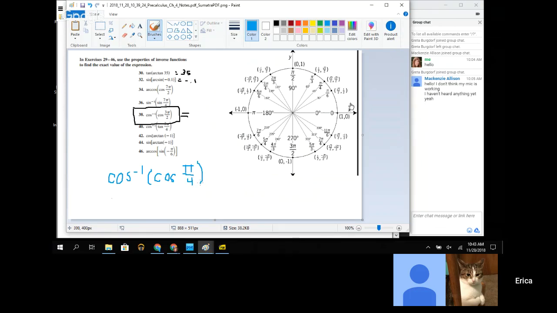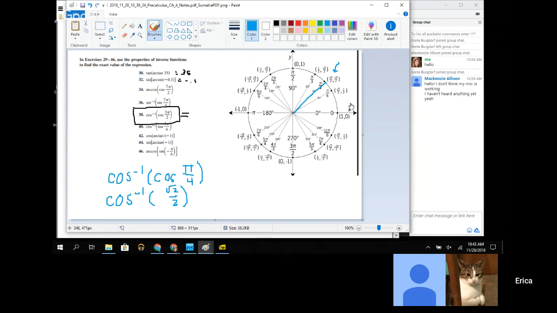Okay. Let's do what's in the parentheses first. What is the cosine of pi over 4? So the cosine of pi over 4 is the square root of 2 over 2.